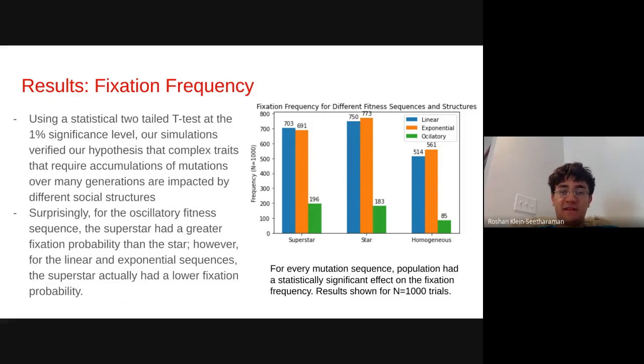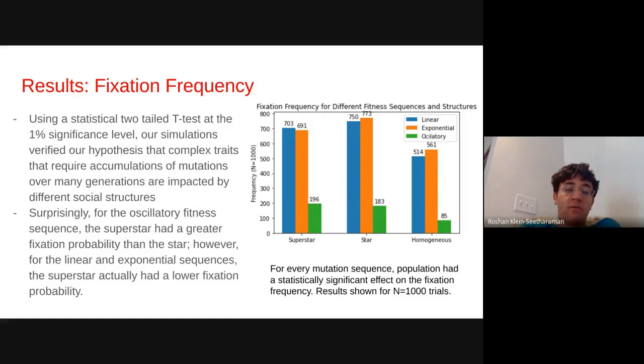But there are some interesting findings here. First I'll discuss what's expected. What was expected was that the star would be higher than the homogeneous structure in each case. But something that was unexpected was how poorly the superstar performed in our simulation.